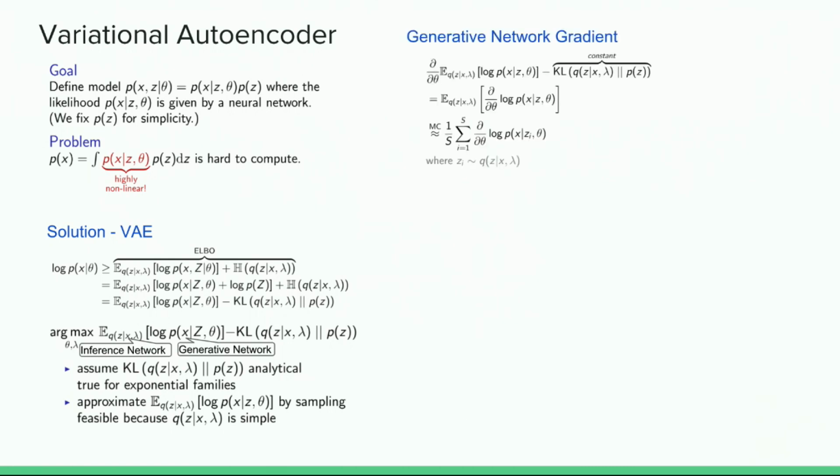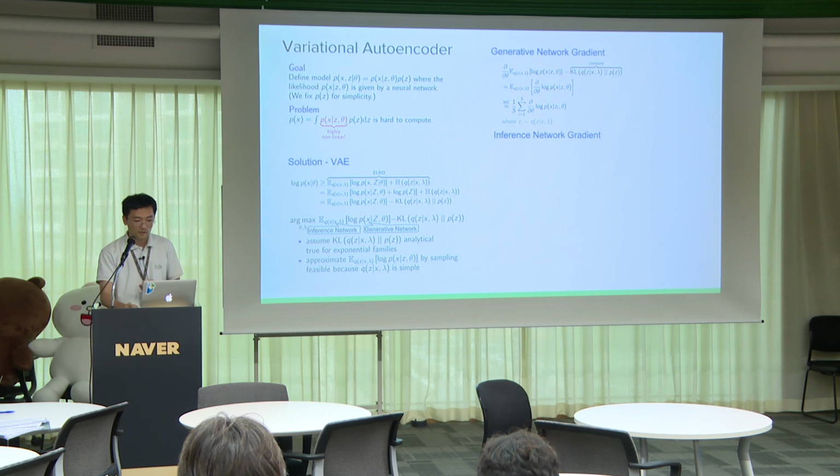So first, we want to compute the gradients for the generative network. Because theta is not in the second term, it is constant, and we want to compute the gradient for the first term. So we can simply sample gradients from the generative network.